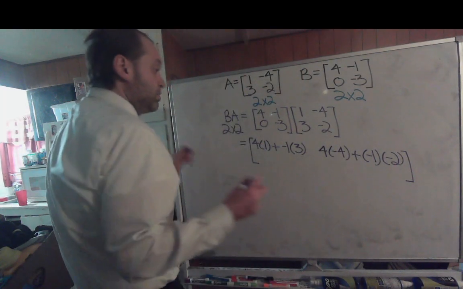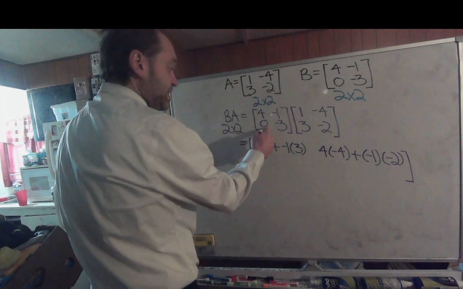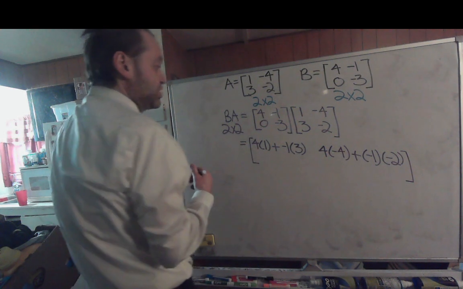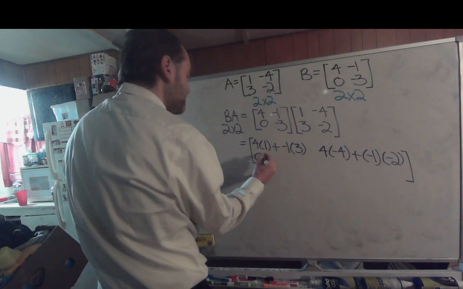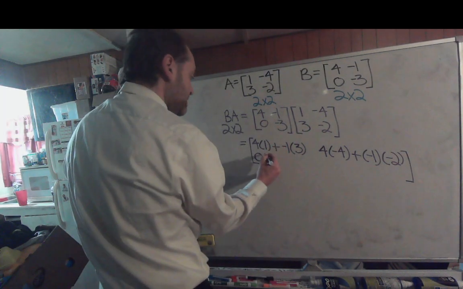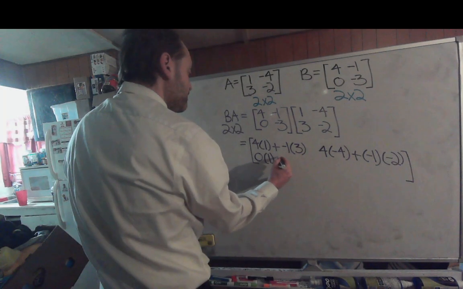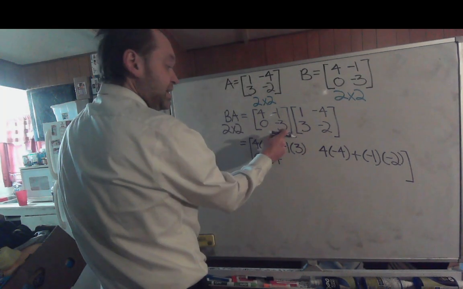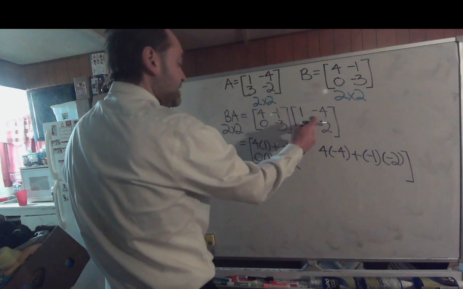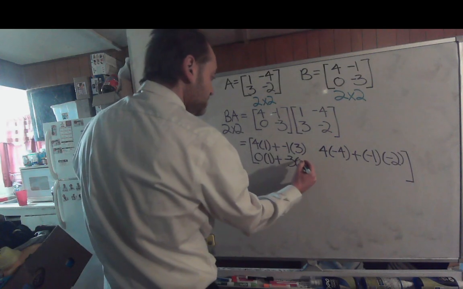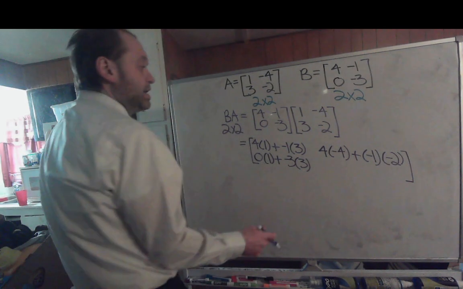And then once you've done that, you'll move on to the second row of the first matrix. You'll take that first number in the second row of 0 times the first number of the first column of the second matrix of 1, plus now you'll take the second number in the second row of -3 times the second number in the first column of 3, and then skip over.